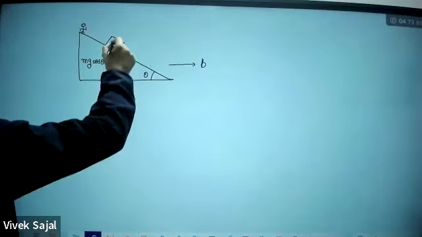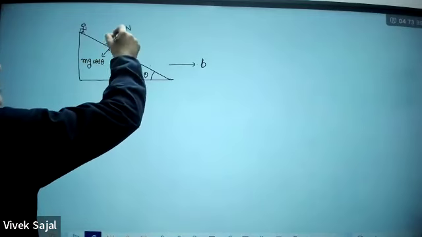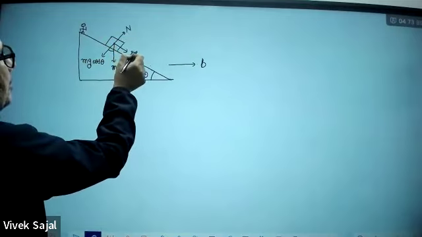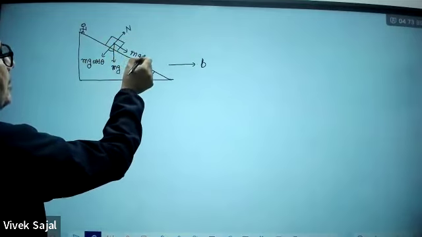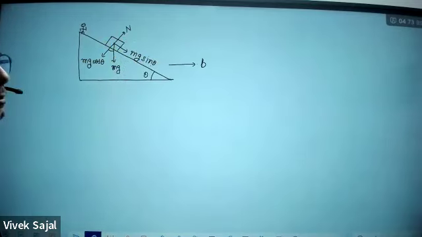Normal reaction will be there, and a component of this mg will be in this direction. This will be mg sin theta.